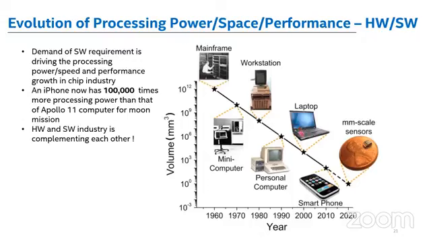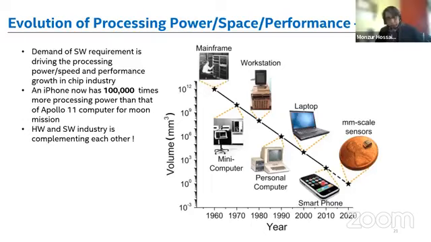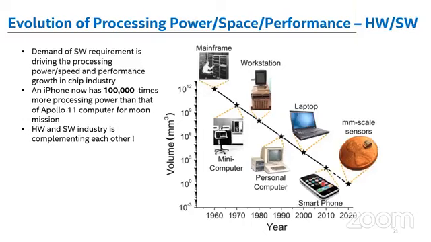Now we can see more and more that we have desktop and laptop to do some specific work, but we want to carry the computing device all the time. So then came the smartphone, and a smartphone can do an enormous amount of work. For example, today an iPhone has 100,000 times more processing power than the computer that was built for the moon mission on Apollo 11.